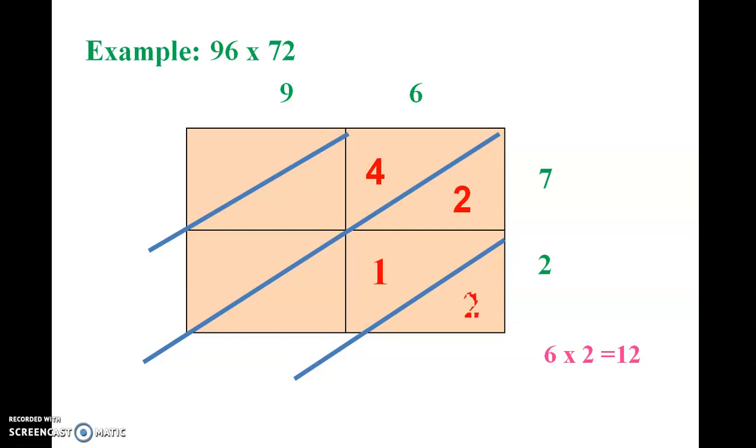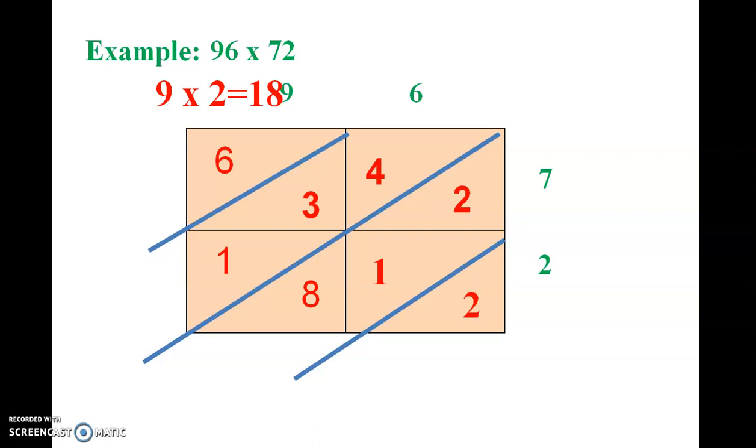Then we put 1 at the top and 2 at the low. Next, we multiply 7 into 9 is equal to 63. We put 6 at the top and 3 at the low. Next, we multiply 9 into 2 is equal to 18. We put the 1 at the top and 8 at the low.